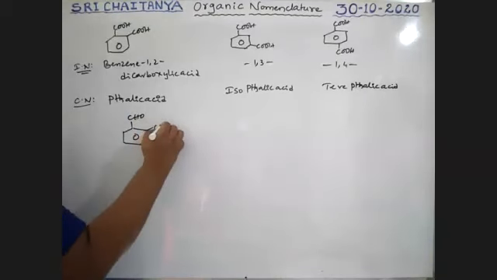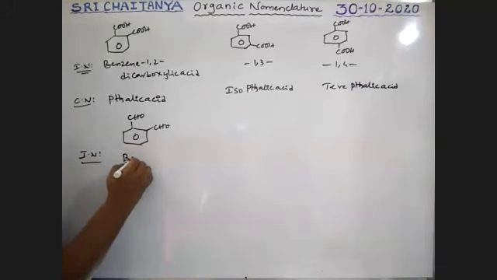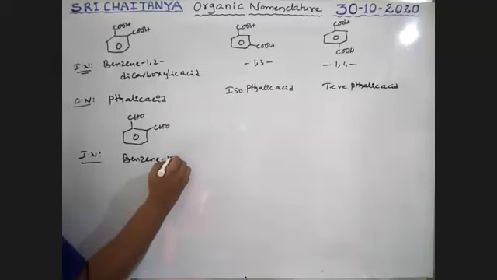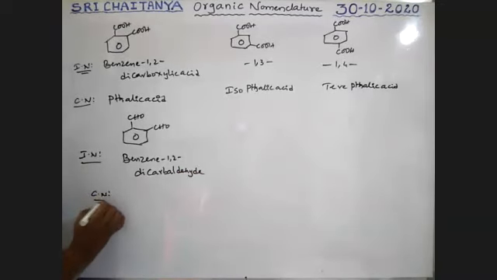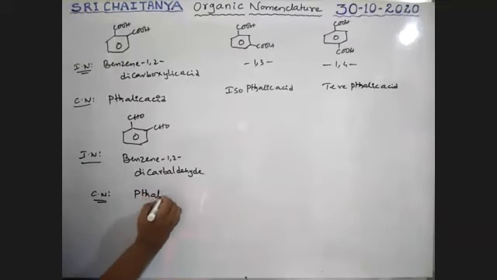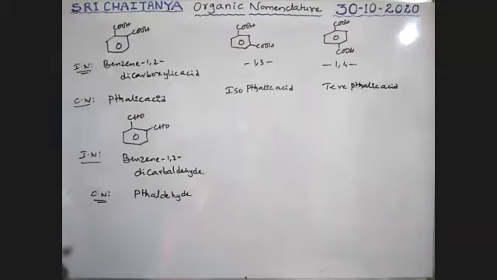Next, aldehyde groups. 2 aldehydes: the IUPAC name is benzene-1,2-dicarbaldehyde. The common name, as usual because it is like the acid, is phthalaldehyde.